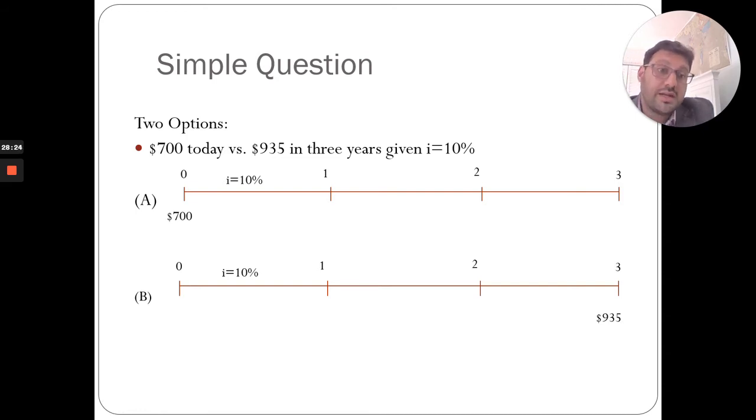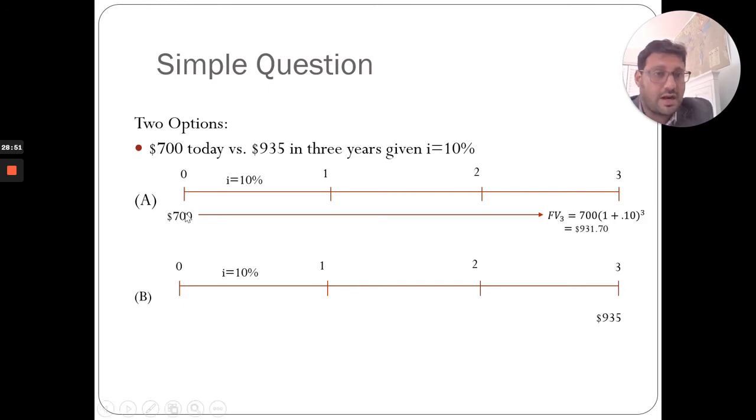Second, you can discount 935 3 periods back by dividing it by 1 plus interest rate raised to the power 3, because there are 3 periods involved, right? And compare the discounted cash flow of alternative B with the cash flow of alternative A.